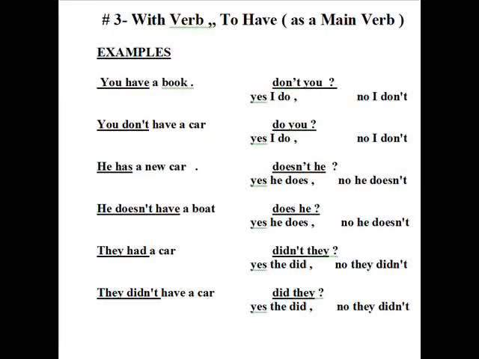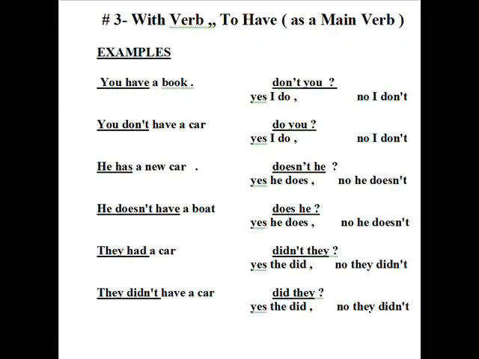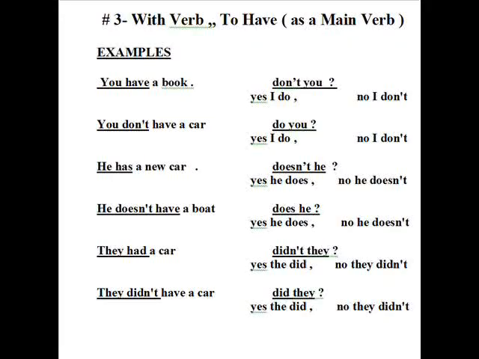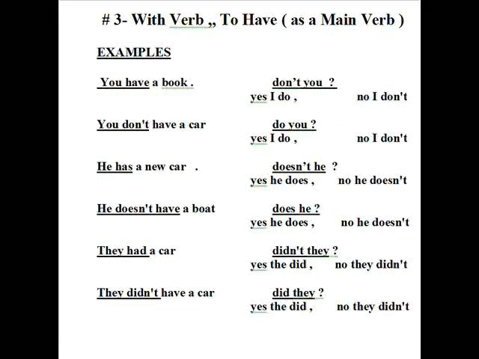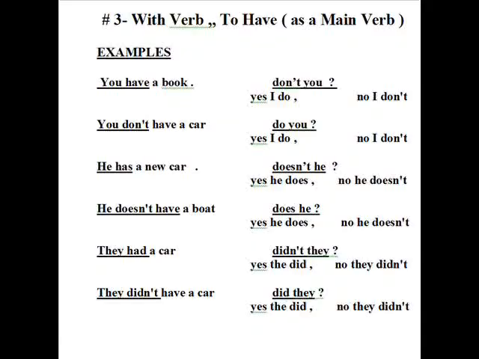Because verb to have here is a main verb. Do you have a book? Don't you, not haven't you. Yes, I do. No, I don't. I can't say yes, I have, or no, I haven't.